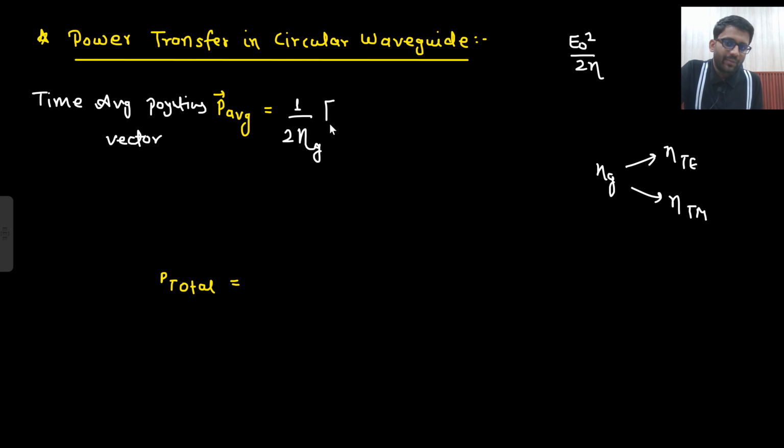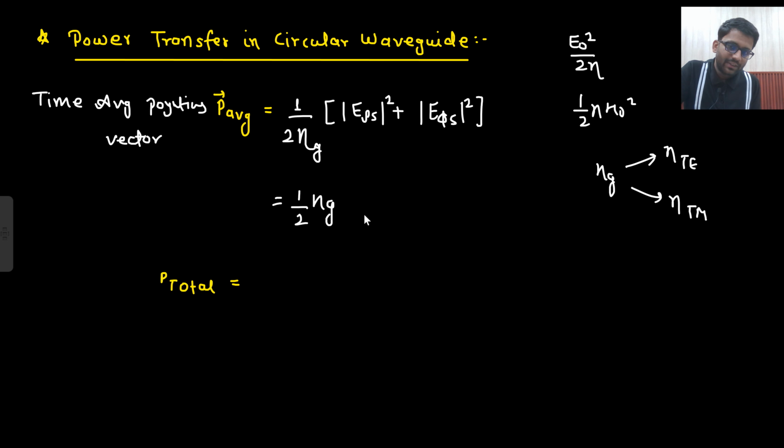Now in place of E naught square, what will happen? There are two components, E rho s component plus E phi s component. So this will be your P average formula. What could be the other one? The other formula was 1 by 2 eta g times H naught square, where eta g could be eta TE or eta TM.